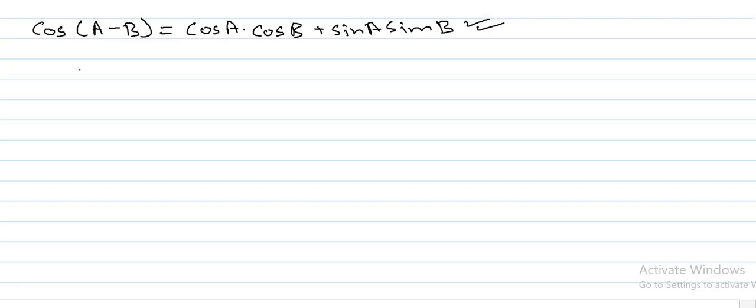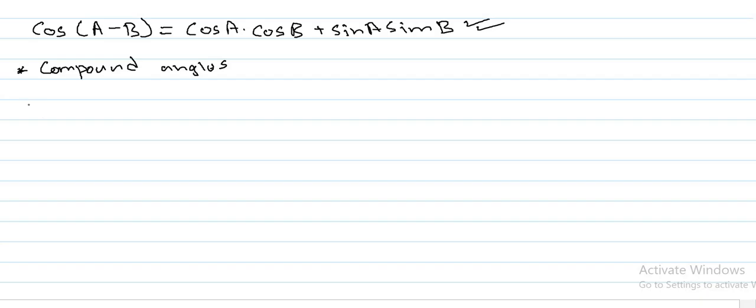So in grade 12, you need to know how to use compound angles. We have the compound angles of cos, sine, and tan, but tan is not used most in the exam.